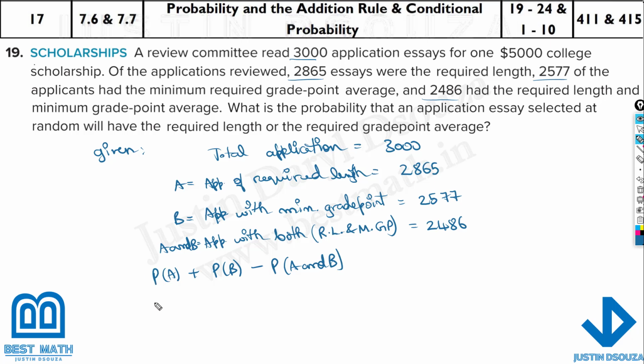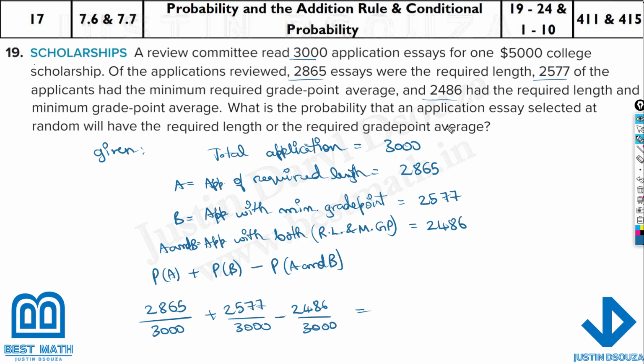It is 2,865 divided by the total. How much is the total? It's 3,000, plus 2,577 divided by 3,000, minus the common. This will be the answer. You can just put it in the calculator and you will get the answer.